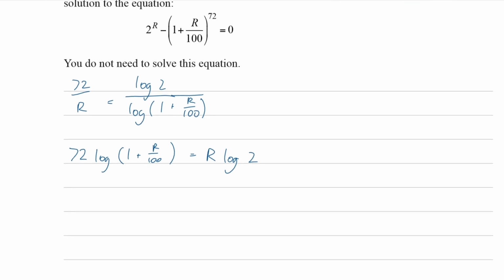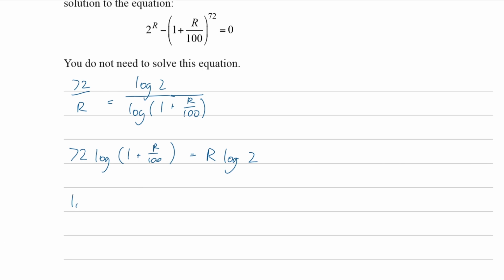Now we can start using our log laws. Before we can convert a log to an exponential, we need everything in the argument of the log, like in this bit here. Right now we have something multiplied out the front, but we could use the log law to bring that into the power.